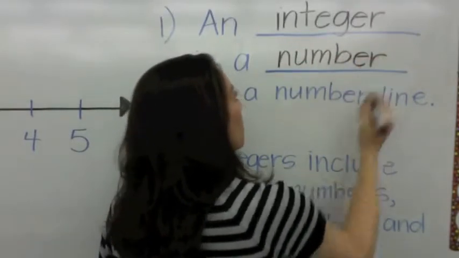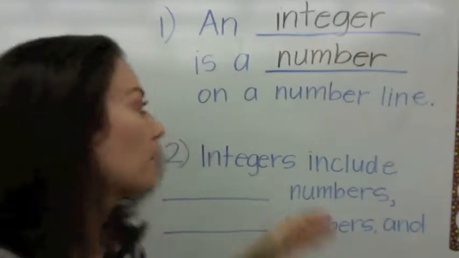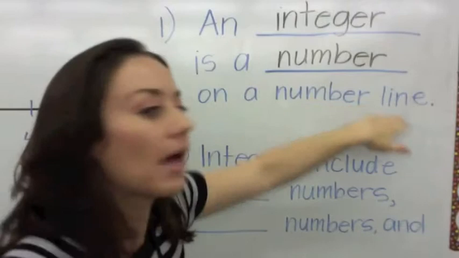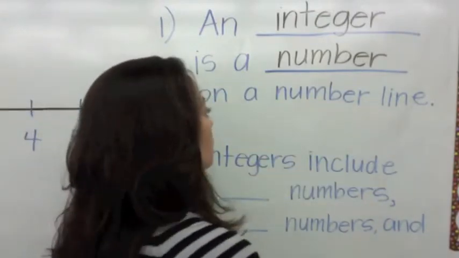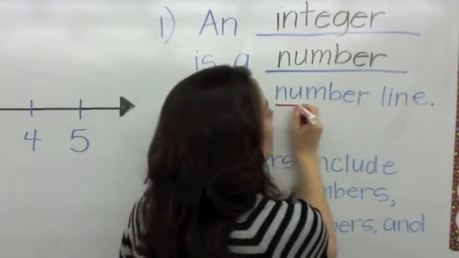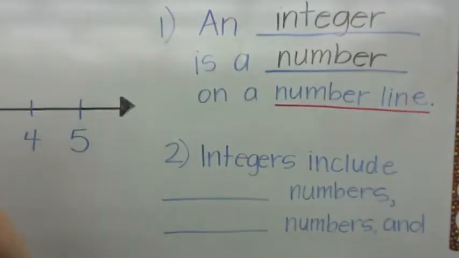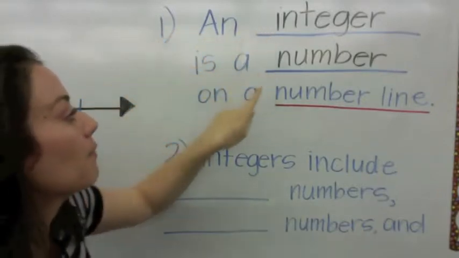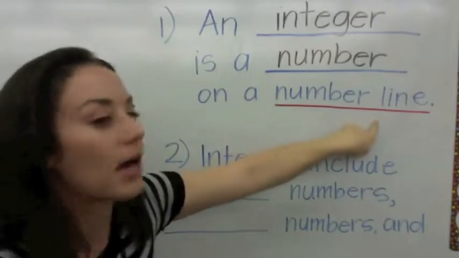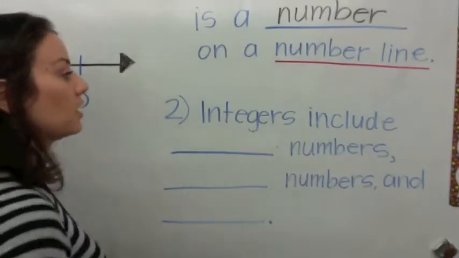An integer is a number, but it's a number that is on the number line, which I will show you a picture of in just a second. So that's number one. Read it with me. An integer is a number on a number line. Now let's read about the second part of the definition.